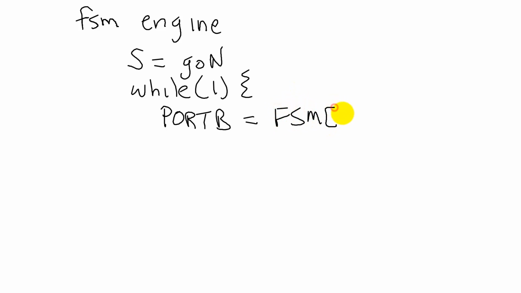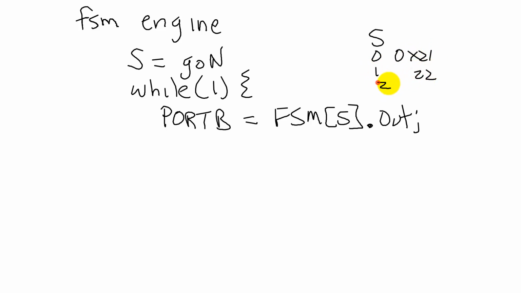The output is a function of the state, and we're going to capture the output parameter. So that number is going to be one of those 4 numbers. If s is equal to 0, this number here is going to be a 0x21. If s is equal to 1, it's going to be a 22, and if s is equal to 2, it's going to be a 0c, and if s is equal to 3, it's going to be a 14. Those are the 4 possible outputs. That's going to happen right there.